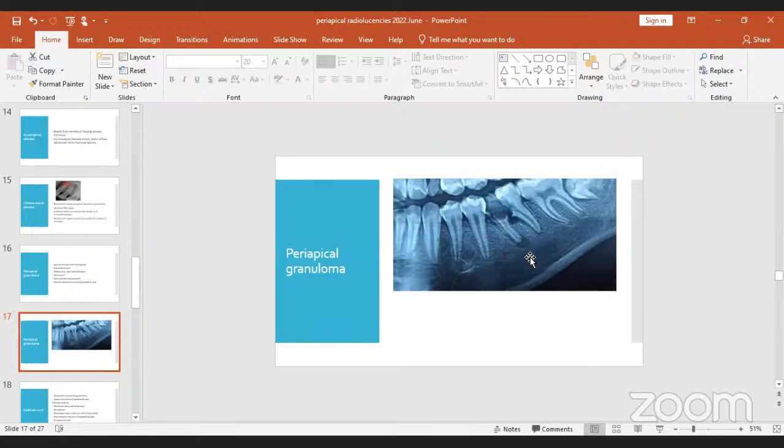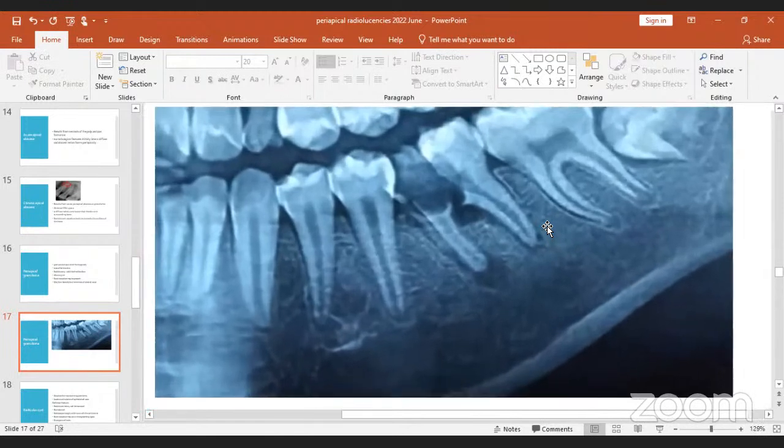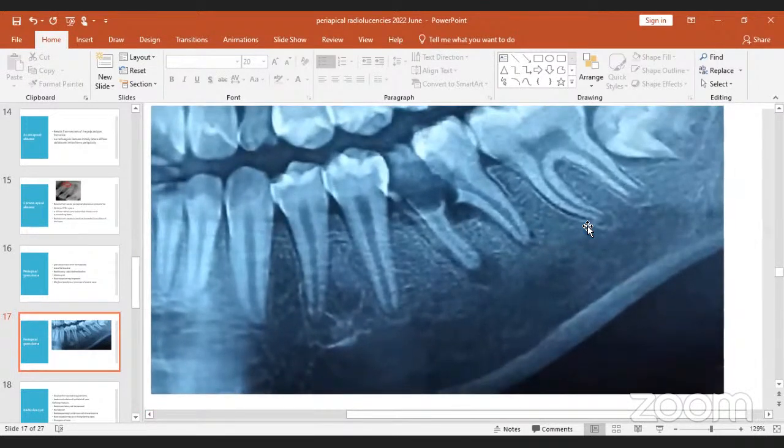So with this, you find that you can't find the lamina dura. Compare it with the 7. Let me enlarge. Okay, so compare it with the 7. This 7, you can see the lamina dura, which is that radiopaque bone that surrounds the alveolar bone.